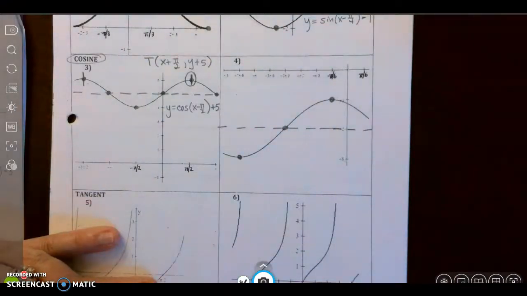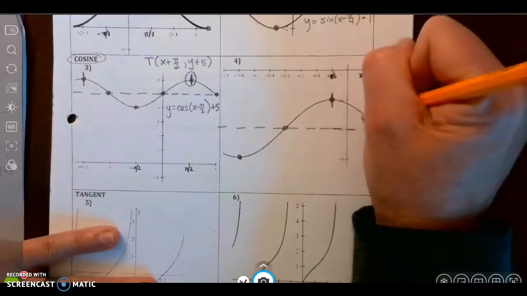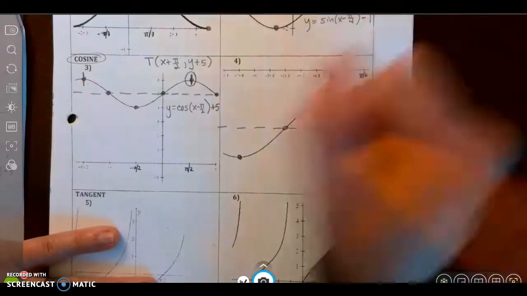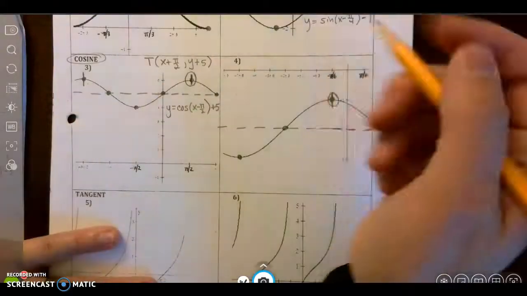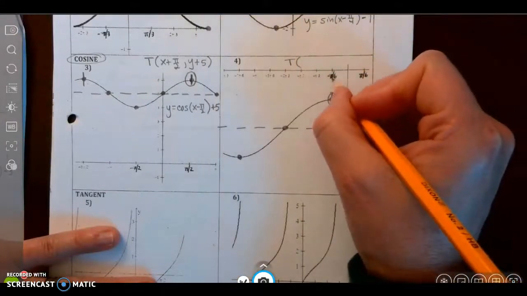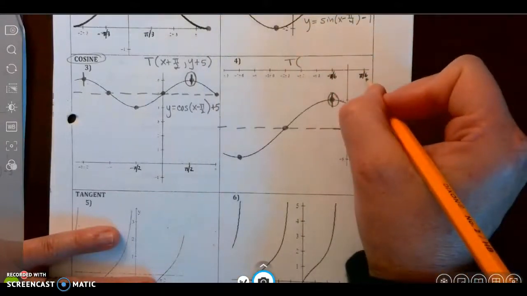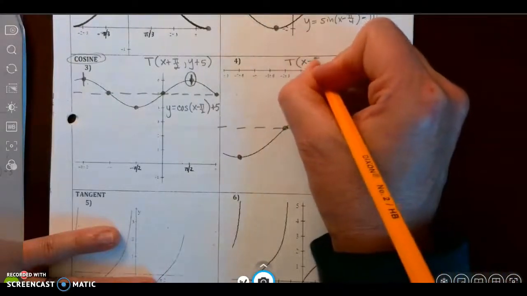Now for cosine, my starting point is a high going down. This is the only high I see, and it is going down, so this is my starting place. Okay, now I'm ready to write my translation rule. I moved to the left. That looks like pi over 6, so this must be negative pi over 6. So x plus pi over 6.